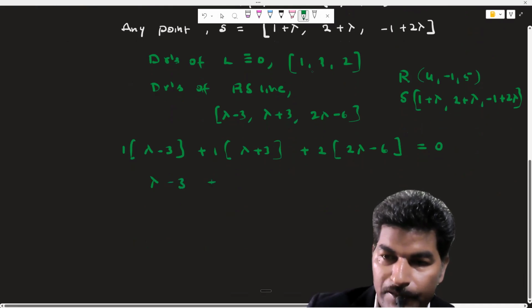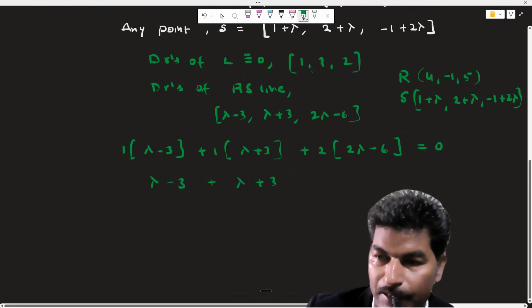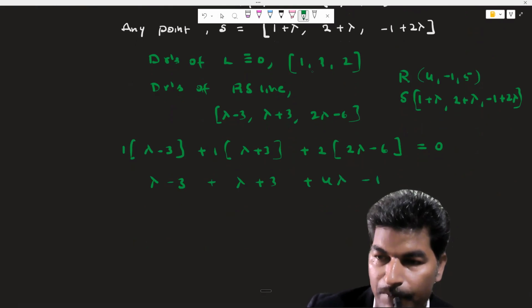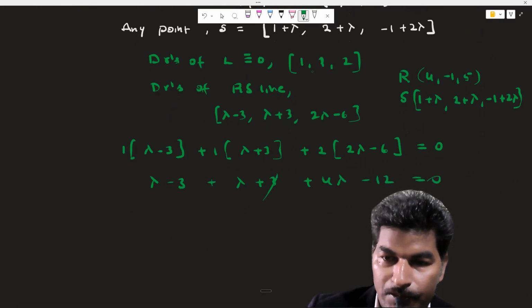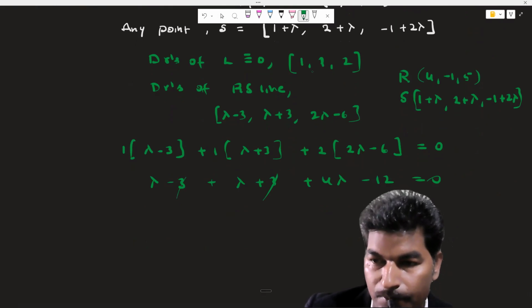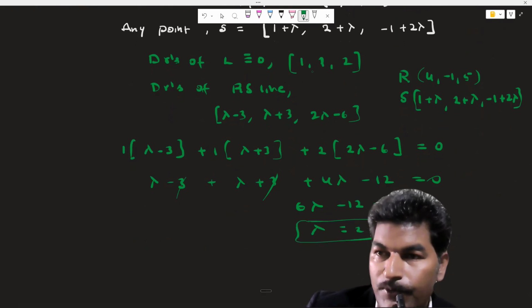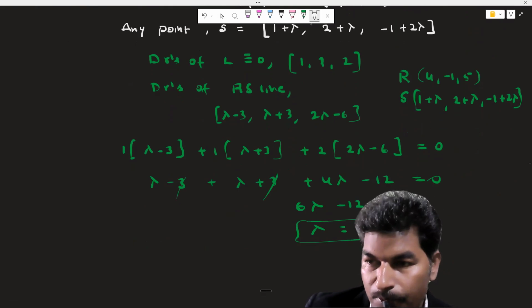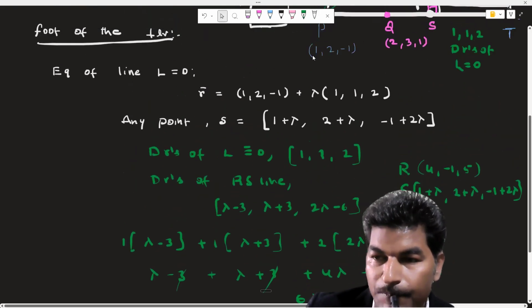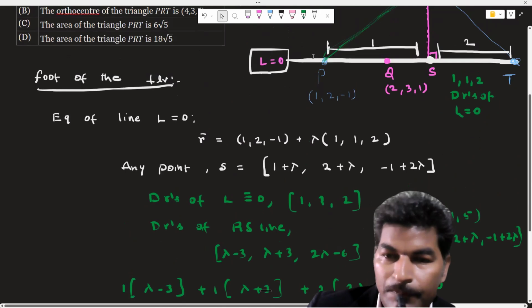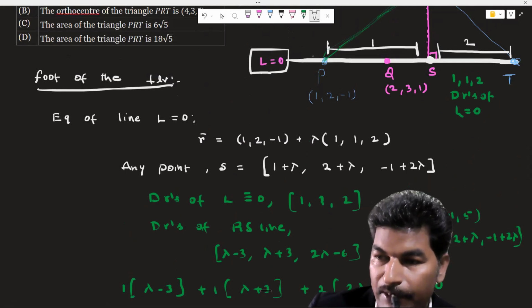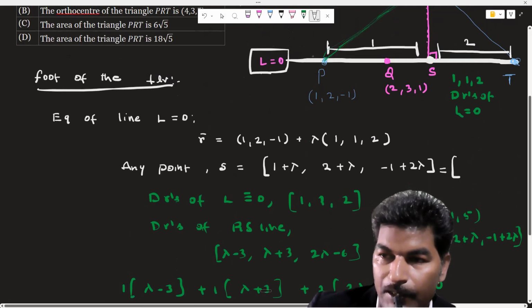Lambda minus 3 plus lambda plus 3 plus 4 lambda minus 12 equals 0. The constants cancel, so 6 lambda minus 12 equals 0, and lambda is 2.